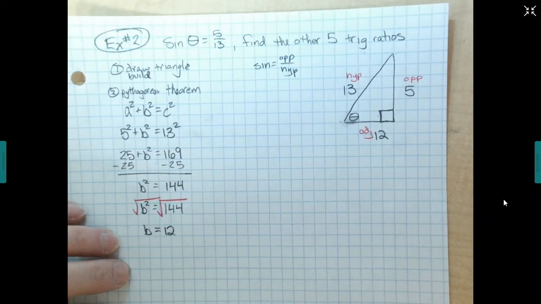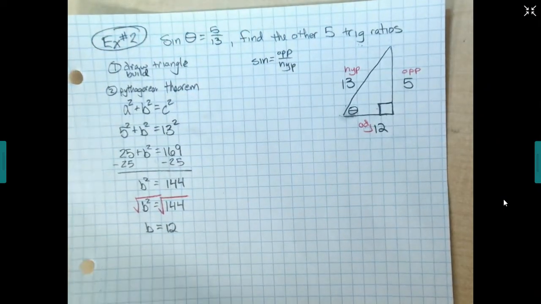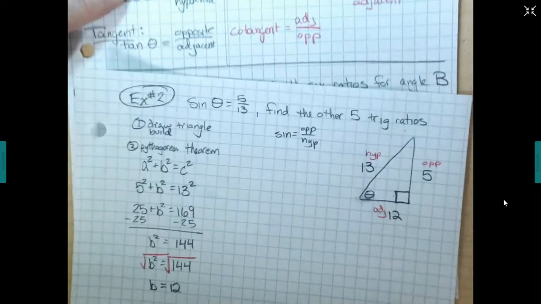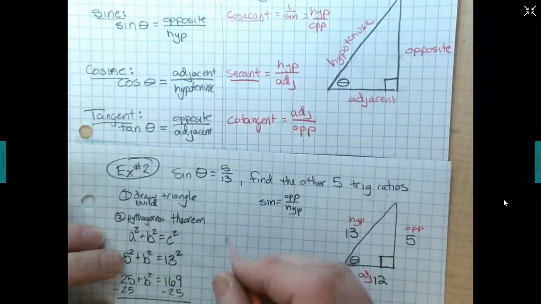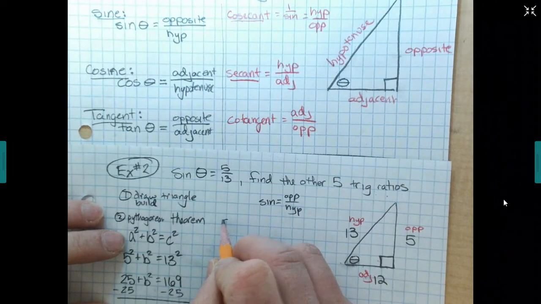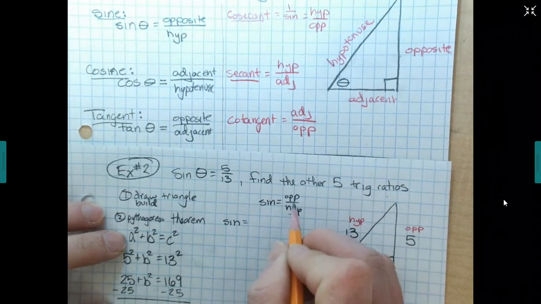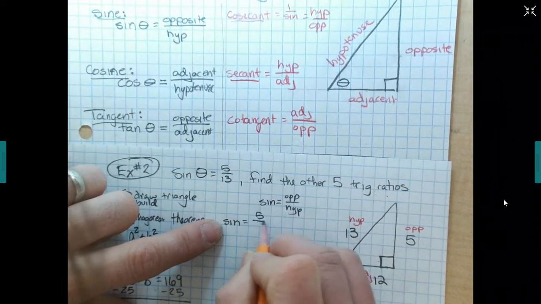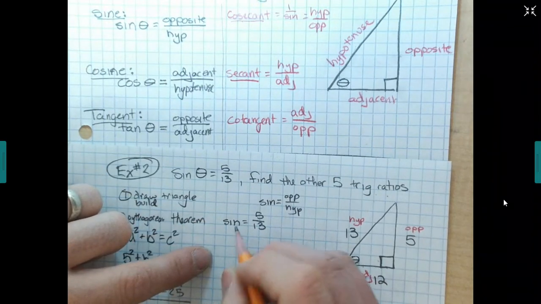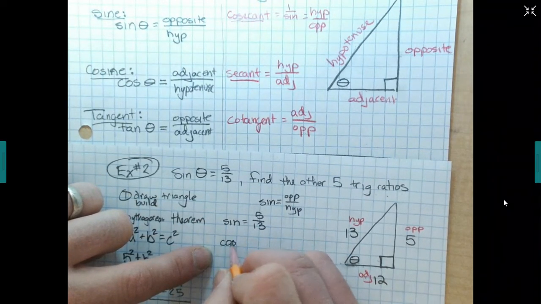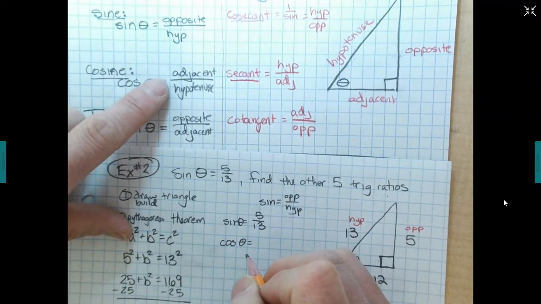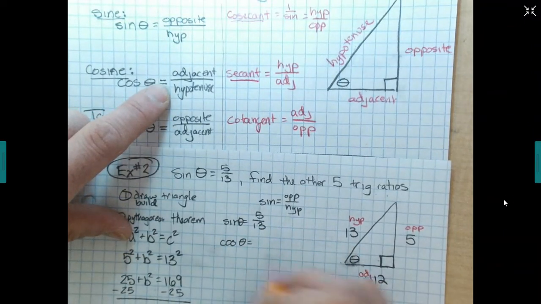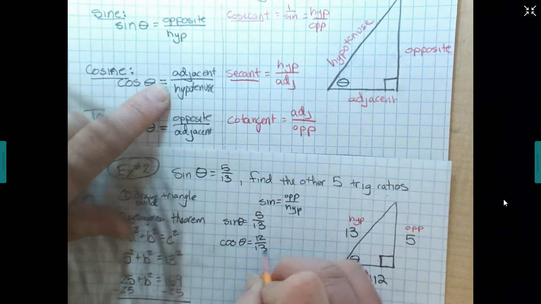Awesome. Now I'm going to bring in my old notes so I can see. Sine is opposite over hypotenuse. We already have sine is 5 over 13. And then we have cosine of theta equals adjacent over hypotenuse, so 12 over 13.